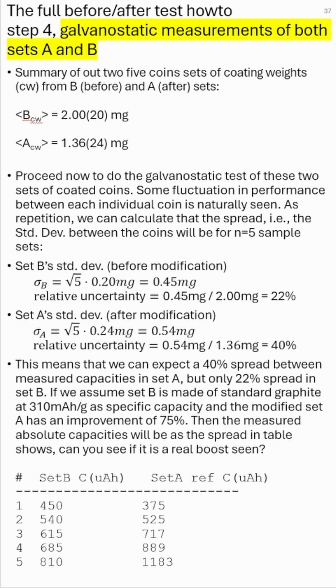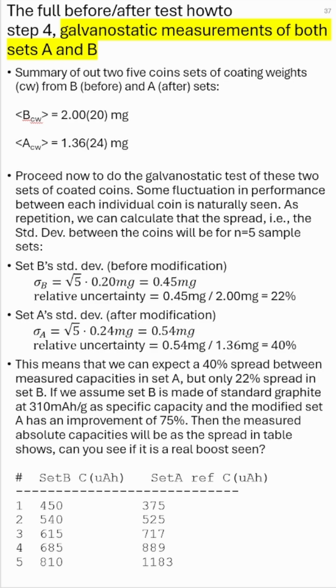So here we can see that when we're doing the potentiostat galvanostatic measurements on the modified coin set, since it's a little bit lower coating weight and a little bit larger standard error, the standard deviation becomes larger in the coins, and that spread in capacity now becomes 40%.